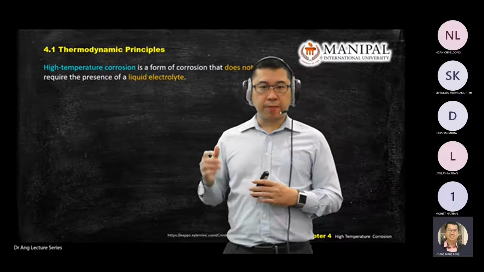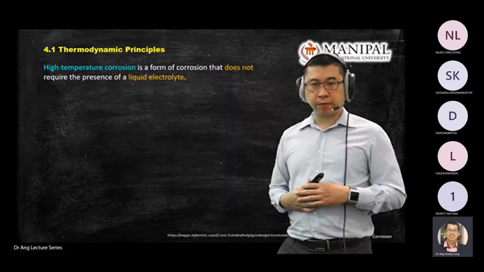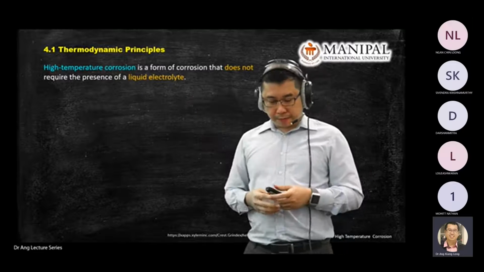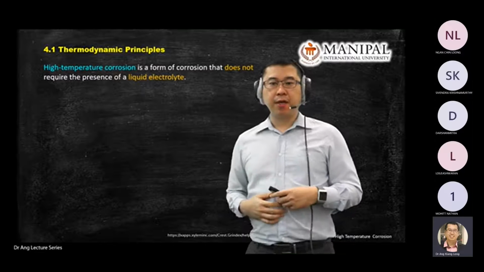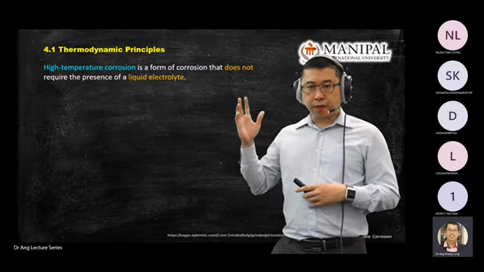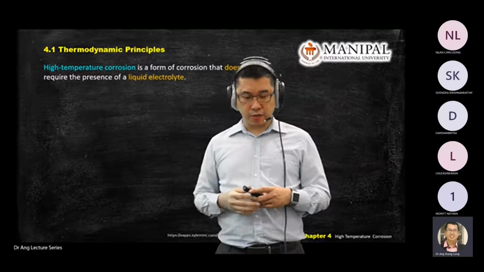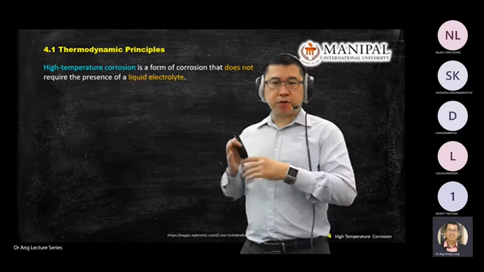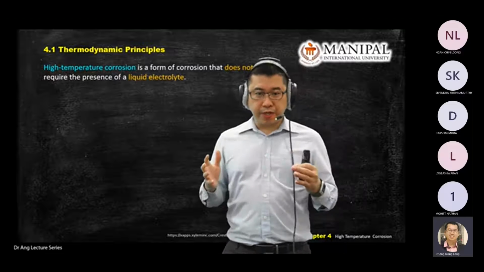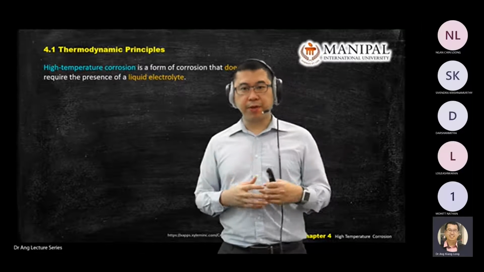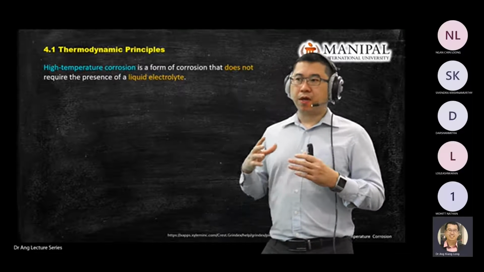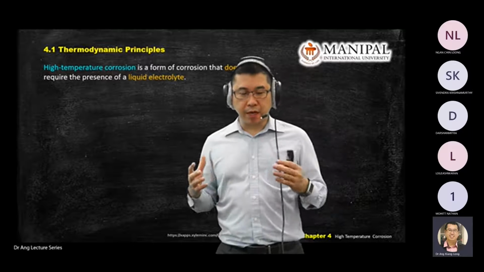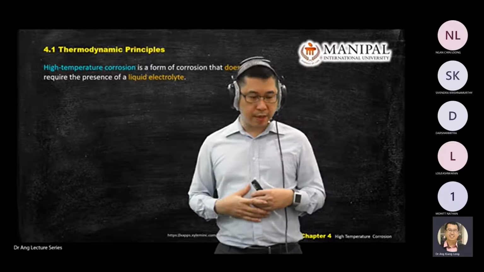Section 1, we talk about thermodynamic principles first. Okay, first, just to recap, what is corrosion? Corrosion does not need an electrolysis process. So what is so special if you compare to aqueous corrosion like we talked about in the previous chapter, aqueous or environment corrosion?